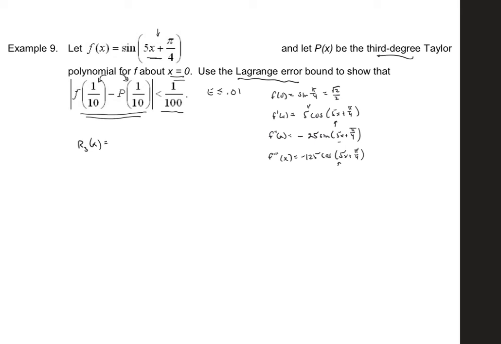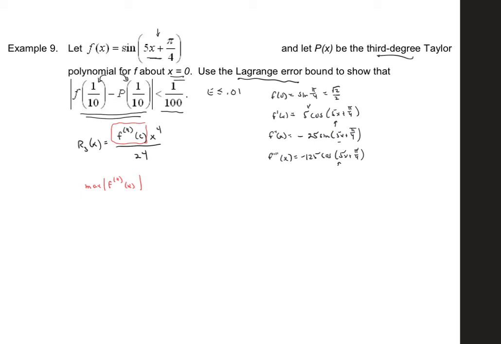Now our R sub 3 of x is going to be a fourth derivative at some unknown number. This is centered at 0, so it's going to be x to the fourth, and 4 factorial is going to be 24. So we're looking for what is the largest that our fourth derivative could possibly be at all.